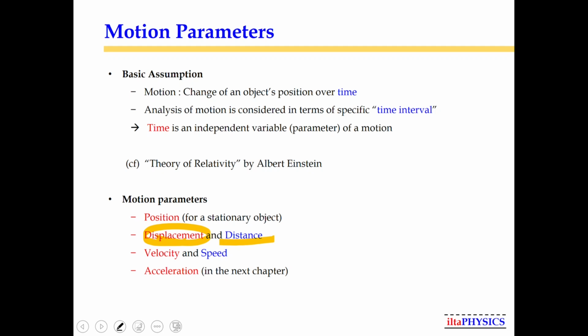Now let's include the time parameter into the concept of displacement. When we describe motion, we not only want to know the displacement, but also how long it took to move. That leads us to velocity and speed. Finally, if the speed of an object increases or decreases during motion, we need a parameter to describe that change. That parameter is acceleration, which we'll study in the next chapter.